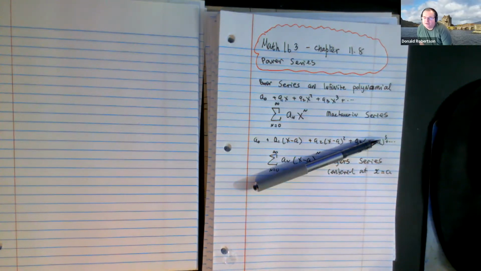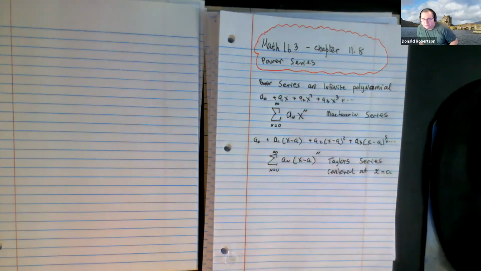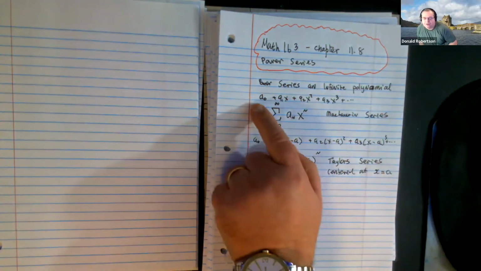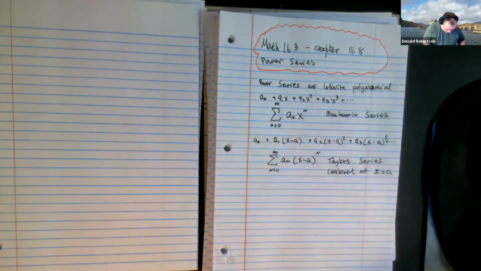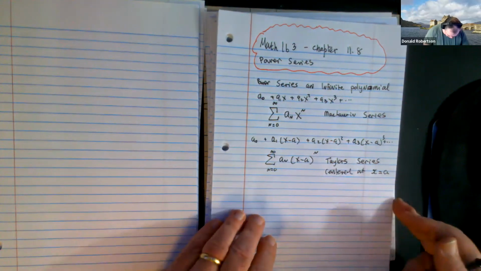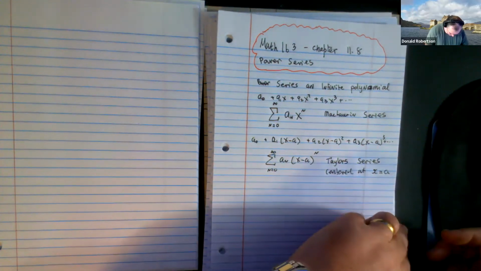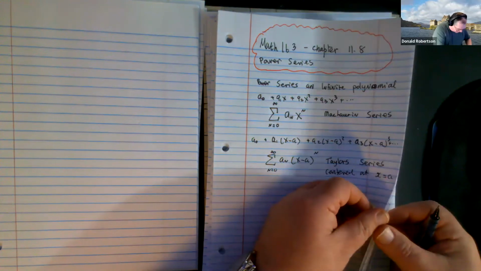Things you wouldn't even dream of actually exist. And later, Taylor came around and tweaked it a little bit, because for some situations, you can't really have an infinite polynomial centered at 0. So let me show you an example of one.